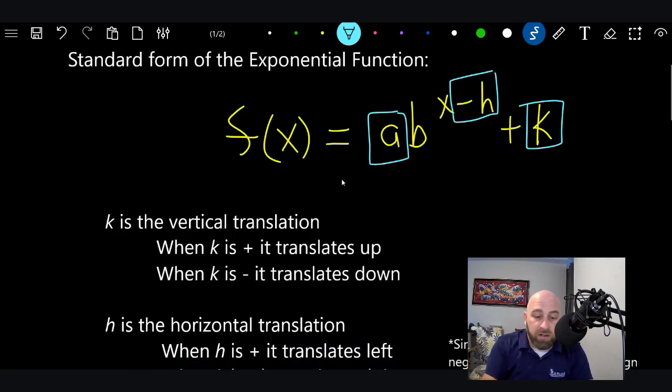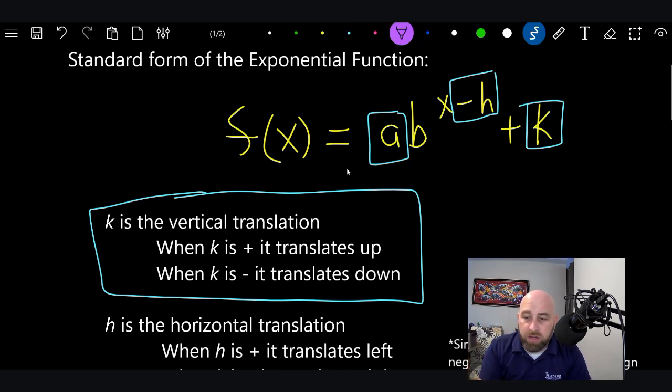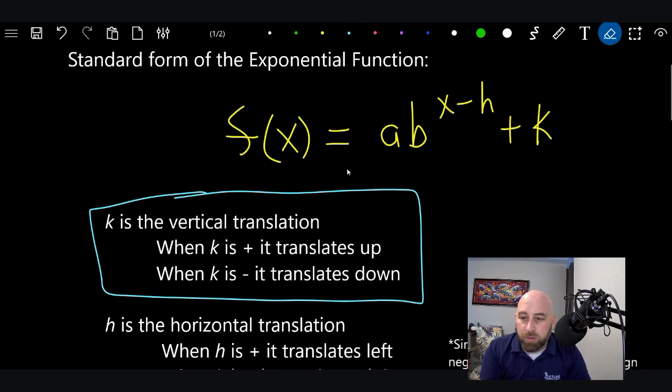So let's look down here. The k is the vertical translation. What does that mean? K moves it up and down. This k at the end is going to be a number, a 7, a 3, a -5, something.